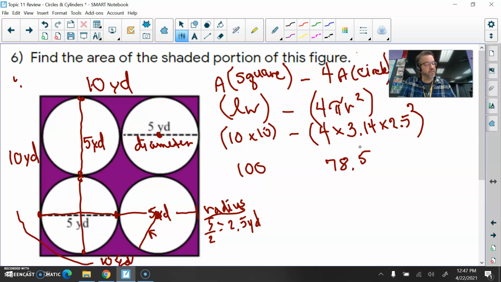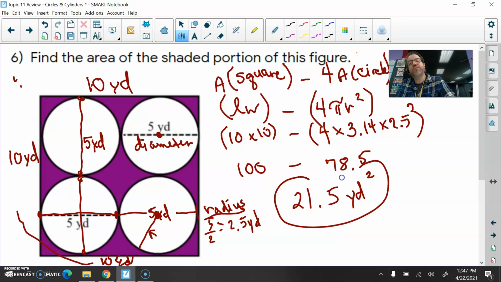I'm just going to check that again, since I screwed up the first time. Yeah, 78.5. So now if I subtract these, I'll end up with 21.5 when I subtract those. Okay, now I need a label. 21.5 is my area, and it's square yards. We're working with yards here. Area is always square units. So there we have it. 21.5 square yards is the area of just the purple parts.